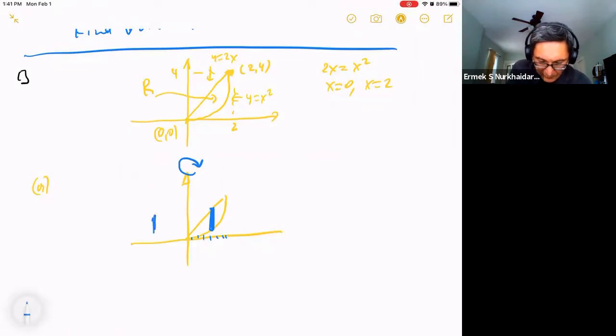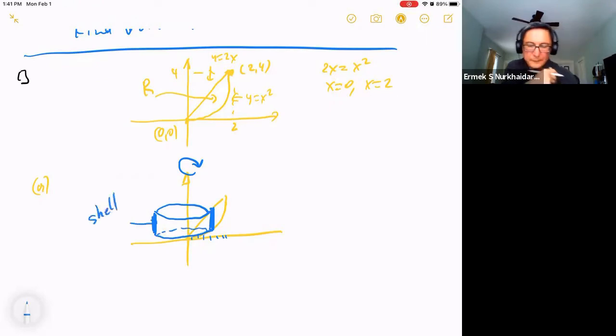So instead of rotating the whole region, I will see what happens to this small stripe. When I rotate it, I'm going to see the shell. I drew a stripe parallel to the axis of rotation, rotated that stripe, and obtained the shell.